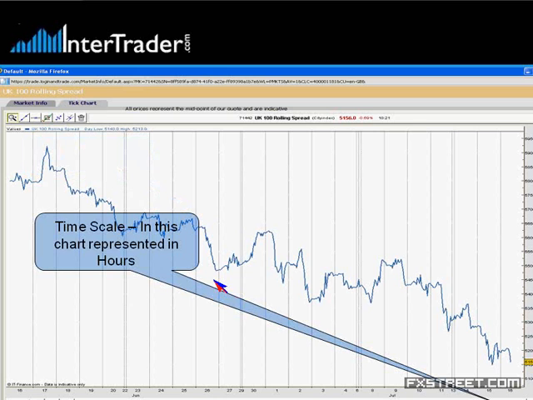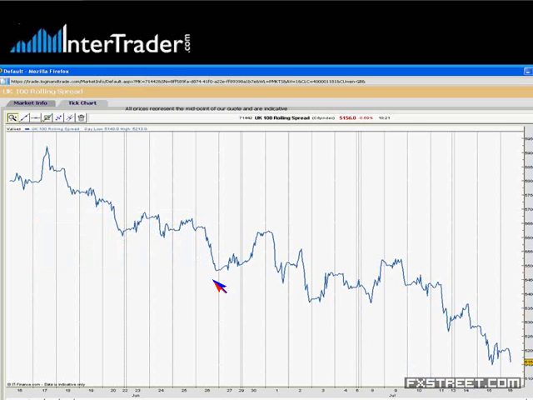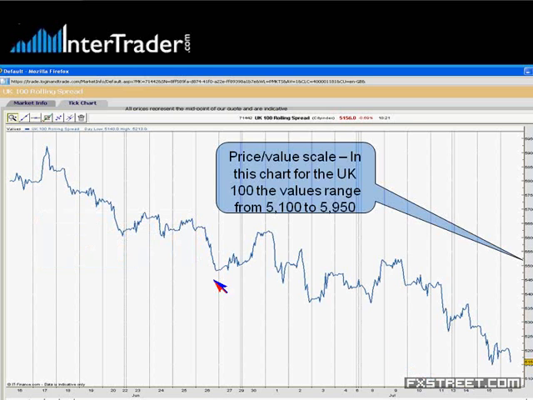At the bottom, we see our time scale, and this particular one is represented in hours. And this is the price value on the right-hand side. This is just an indication of UK shares, some time back, from 5,100 to 5,950. It starts to build up a fairly simple picture of what any kind of chart should look like.